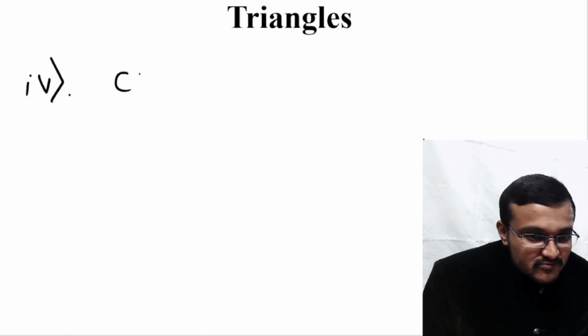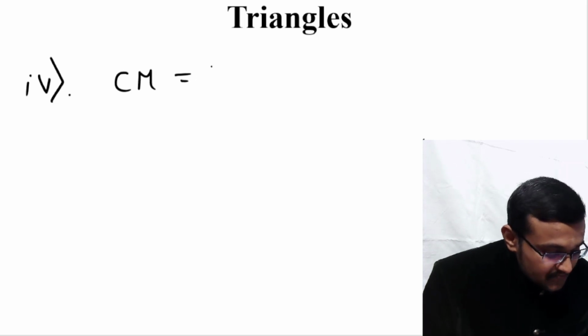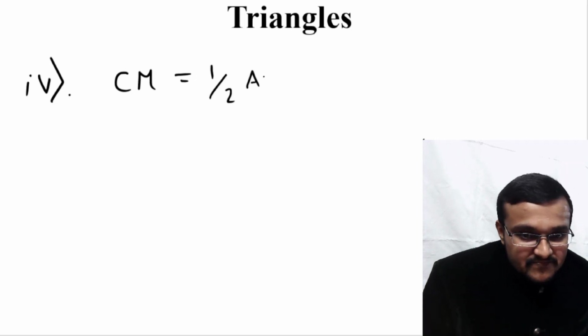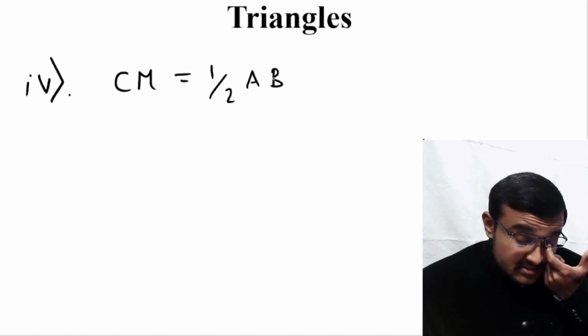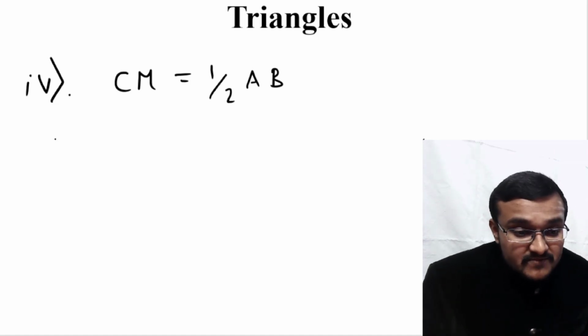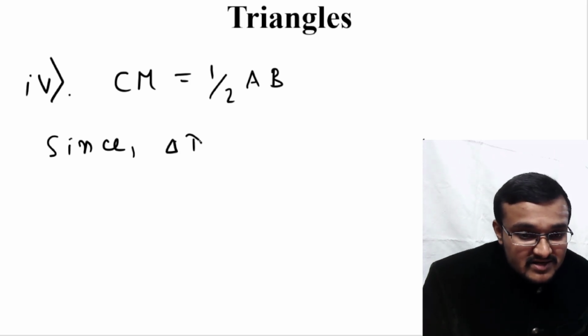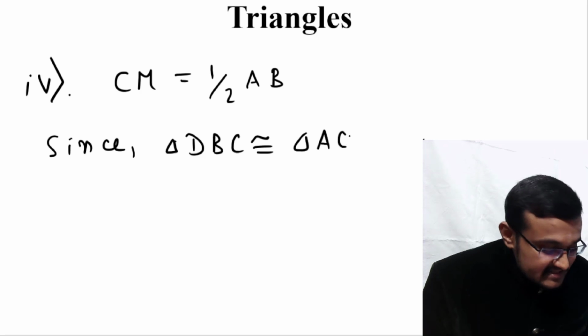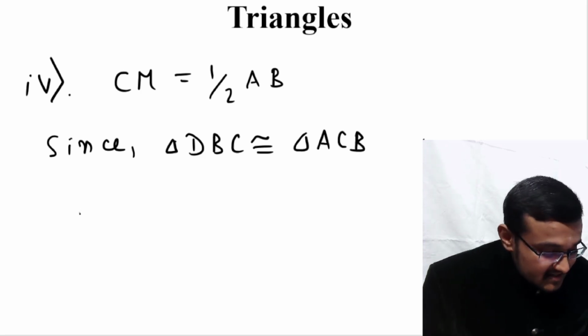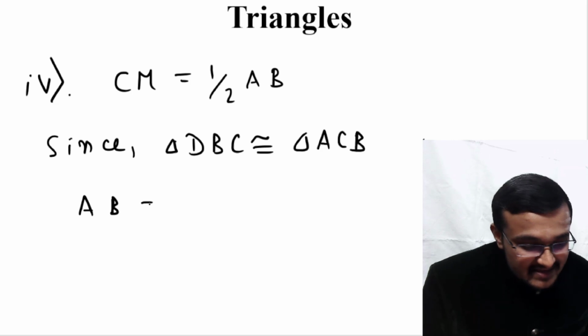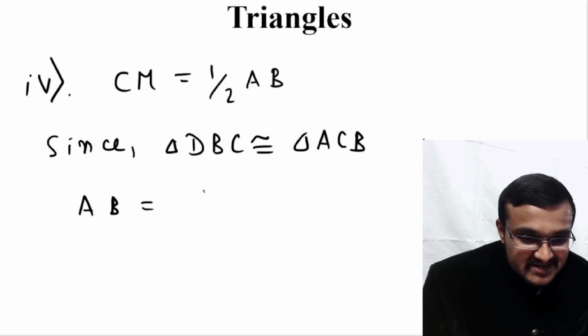In the fourth question you have to prove CM is equal to half AB. So here we have already proved this particular triangle DBC is congruent with triangle ACB. That means this particular AB will be equal to CD.